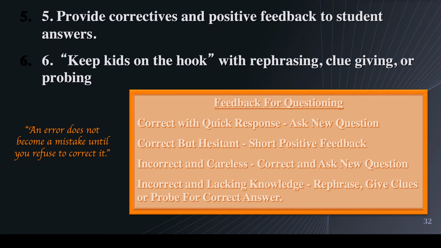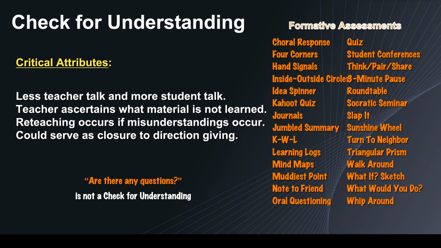If it's incorrect and he just doesn't know it, you're going to rephrase it, simplify it, give him clues, or probe for the correct answer till he gets it, because you want to keep them on the hook. But basically, for checking for understanding, a lot of times teachers use questioning as the main way to find out that all kids understand it.